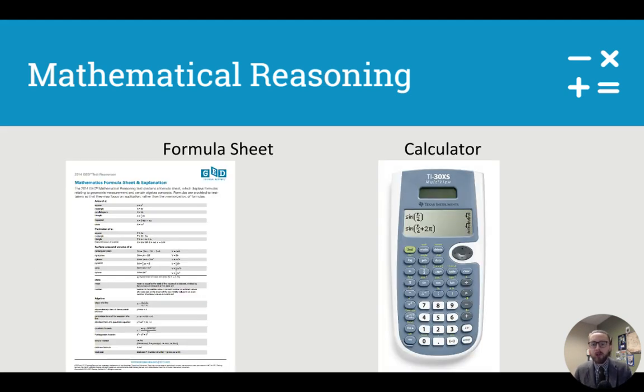Here's more good news. You get 2 aids when you go in to take the math test. You get 2 assistants, so to speak. The first is a formula sheet. So like I mentioned earlier, area, perimeter, surface area, volume, mean, median, slope, quadratic formula, those kinds of things you don't need to memorize anymore.